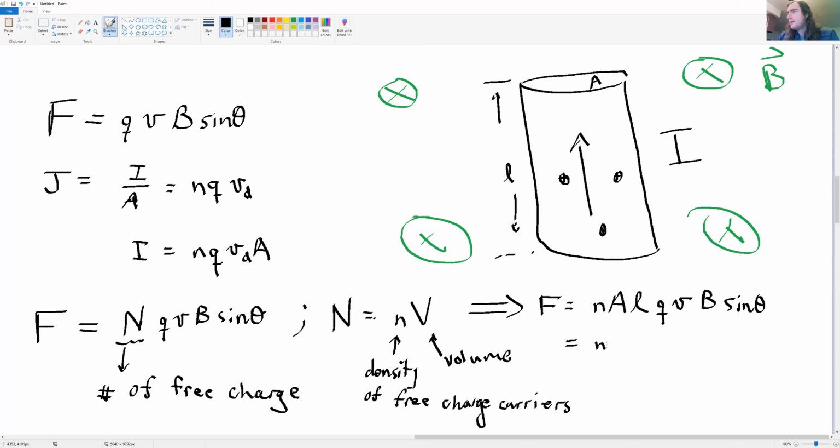So nQV times A, and then L B sine theta. Okay, and now this thing in parentheses here is I. So we have I L B sine theta.